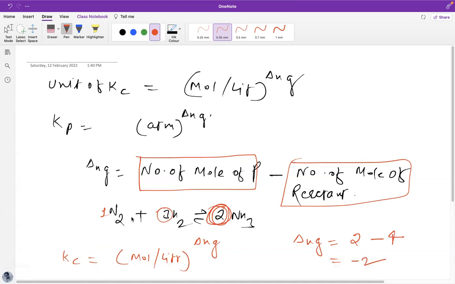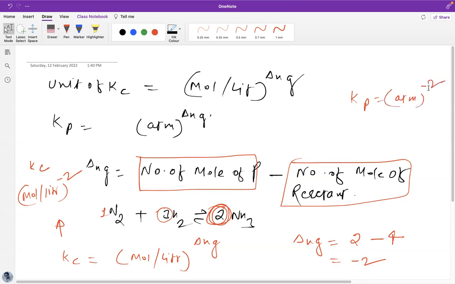So we can say the unit of Kc is mole per liter to the power minus 2. This is for Kc. And for Kp, it will be atm to the power minus 2. Any doubt? And if your delta Ng is 0, it means the unit of Kc and Kp will be unitless, meaning there is no unit.